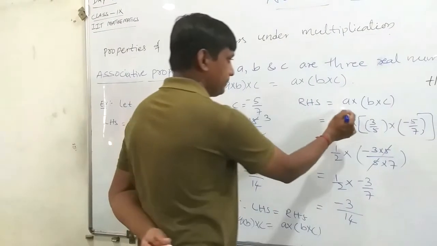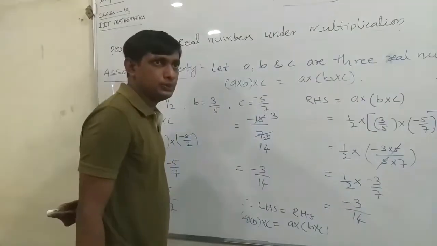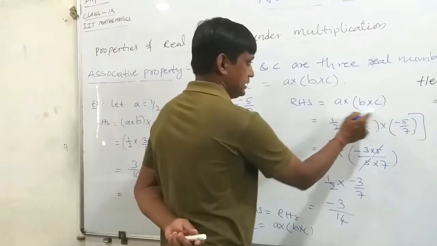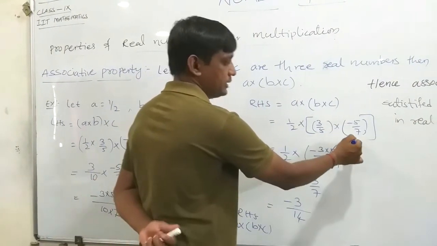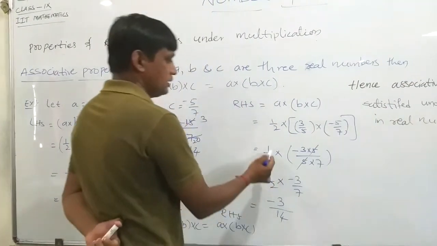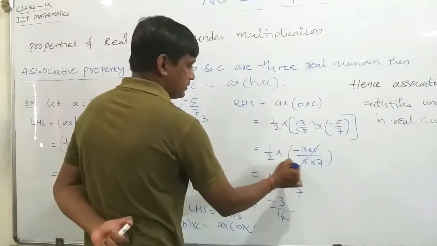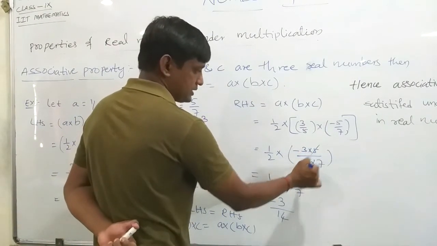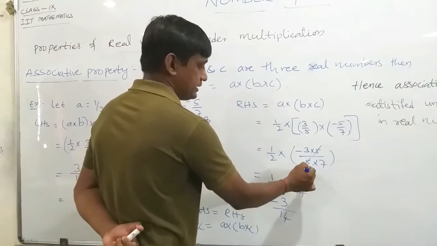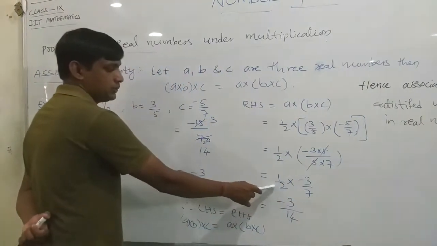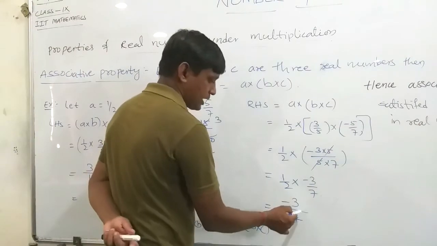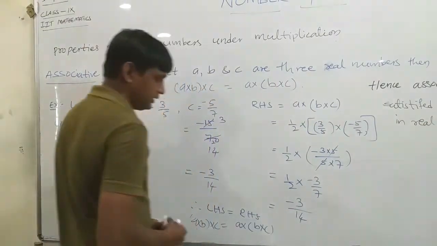In the same way I am taking the RHS A into B into C. That's equal to 1 by 2 into 3 by 5 into minus 5 by 7. So here numerator 5 is there and denominator 5 is there, so I am cancelling it. The remaining value will be minus 3 by 7 and as it is 1 by 2 I am bringing down. Now for simplification I am getting the value is minus 3 by 14.